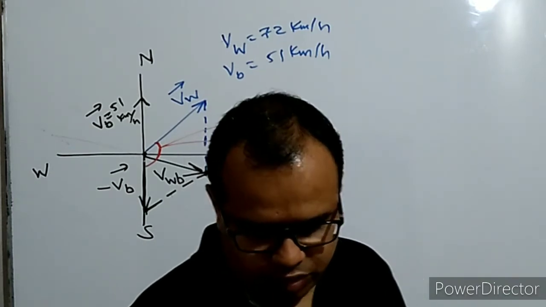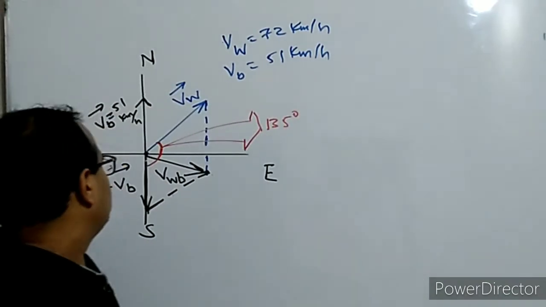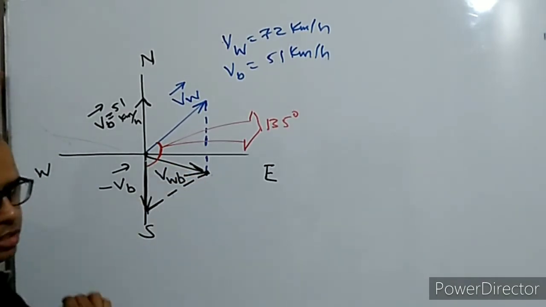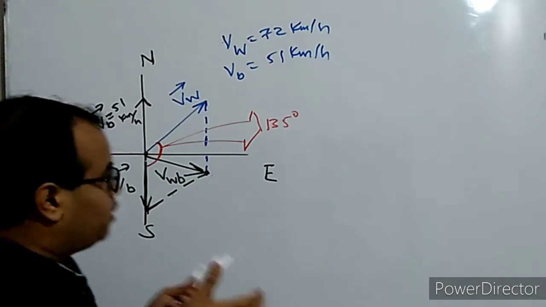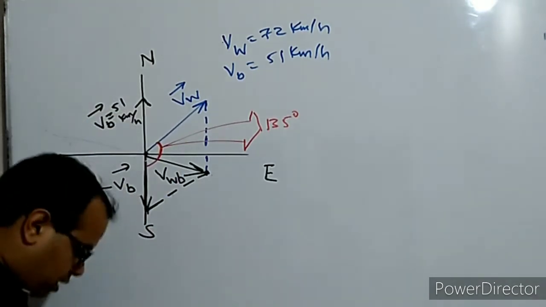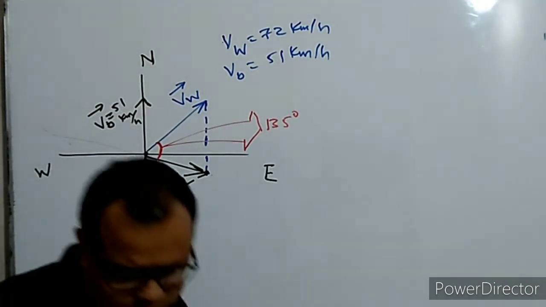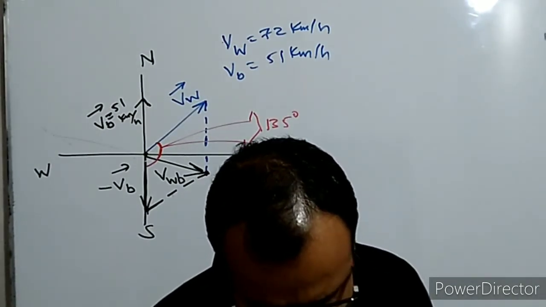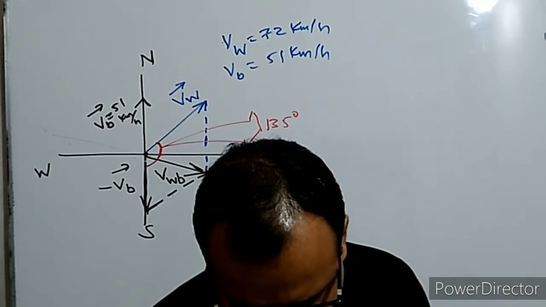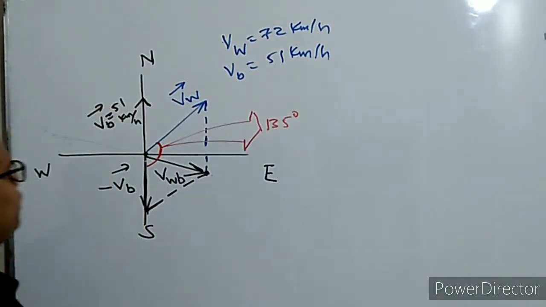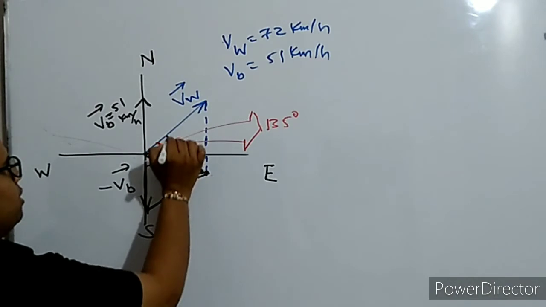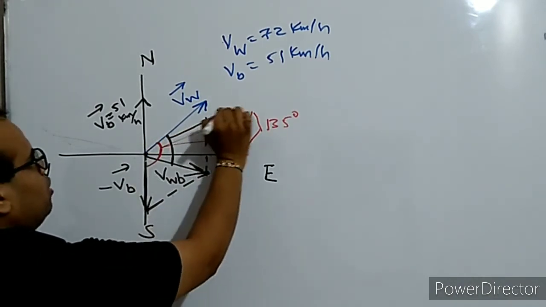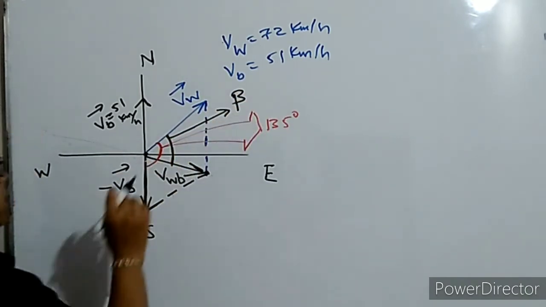So to find the direction of the flag, let us take this as the direction of the flag. It will go in this direction, but we can find this only with respect to a particular direction. So we will take one angle with respect to the velocity of the wind, and call this angle beta.